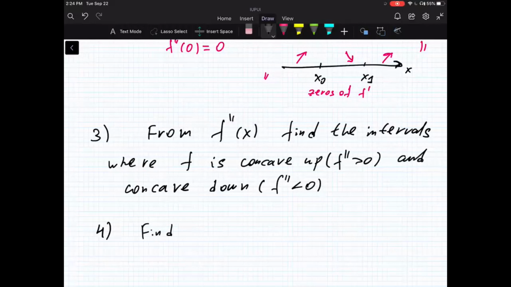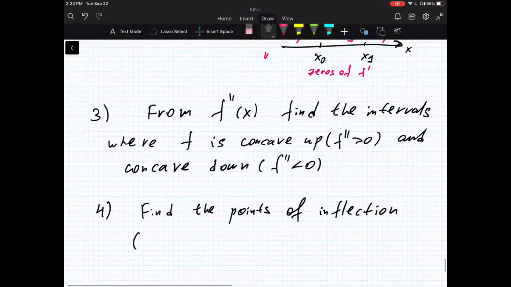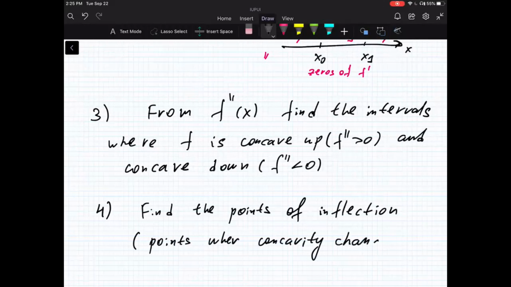Find the points of inflection, where concavity changes.